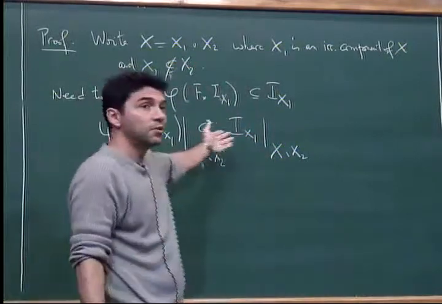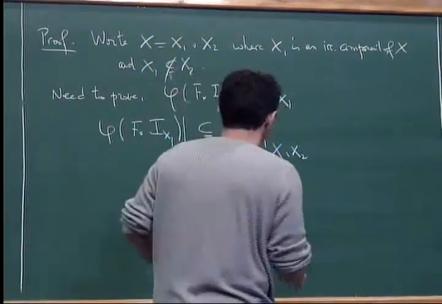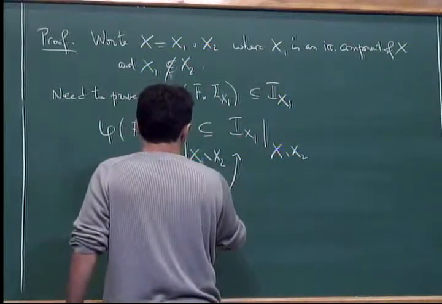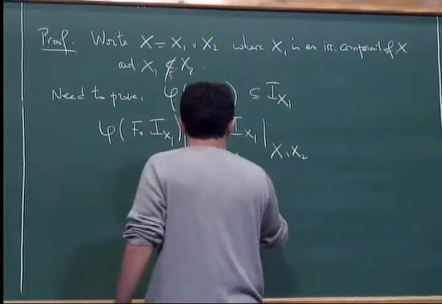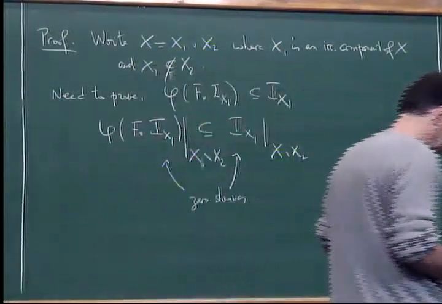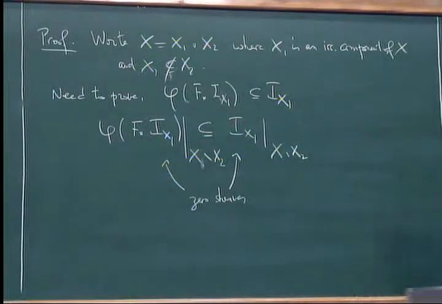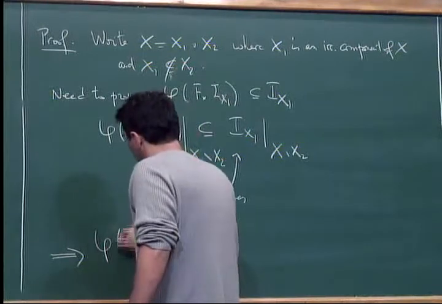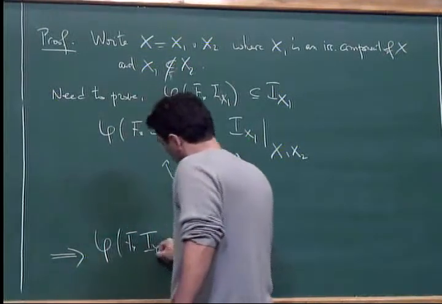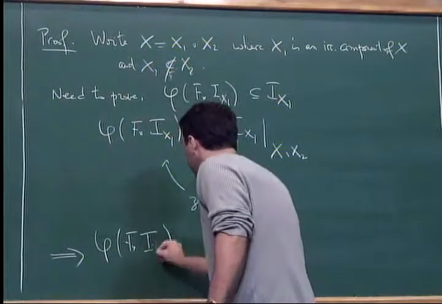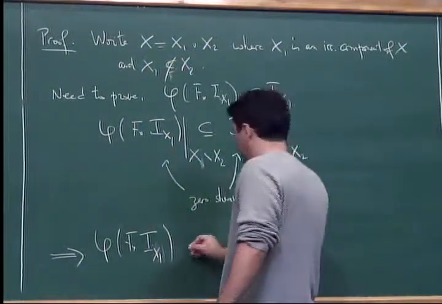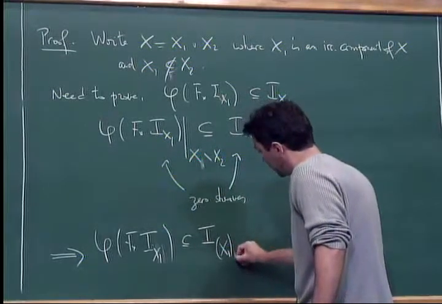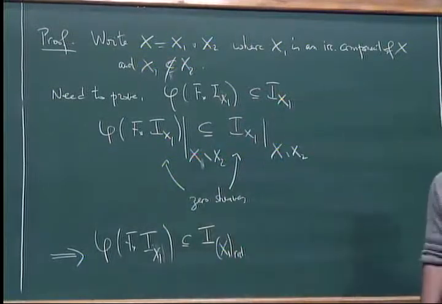I claim that there is an inclusion because both are 0. So you get at least that phi maps the ideal of X1 into the ideal of X1 with its reduced structure.